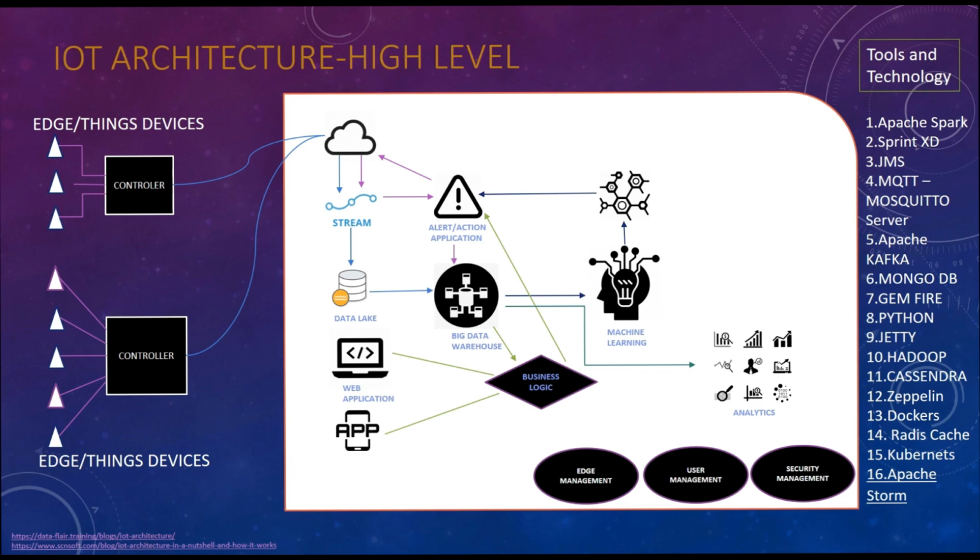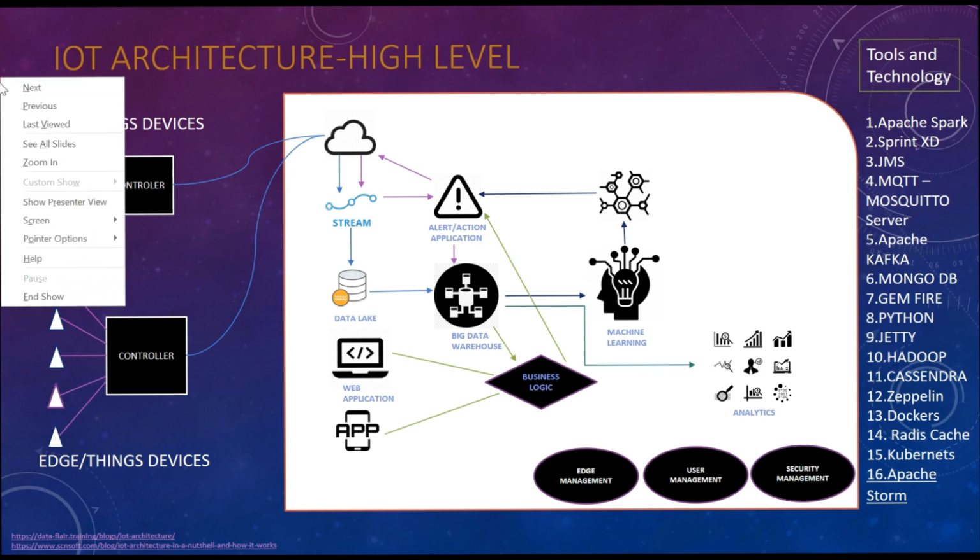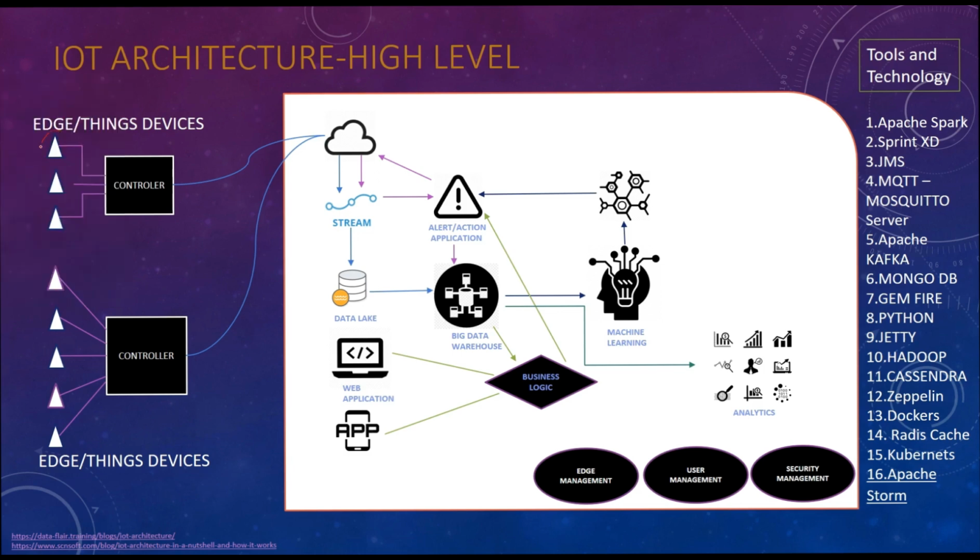At the same point, there is the need to gather this data for mining purposes. So data is everywhere here, and we are talking about how to manage the overall data in this architecture. Now on your extreme left-hand side, you can see the things.